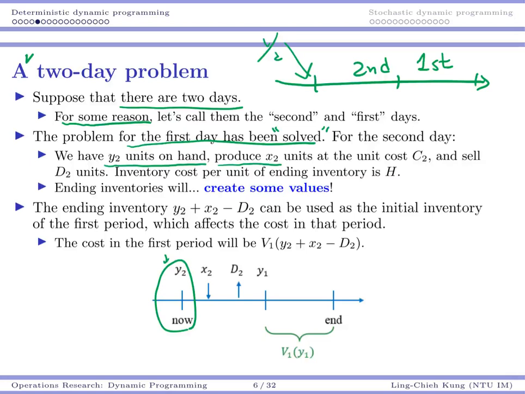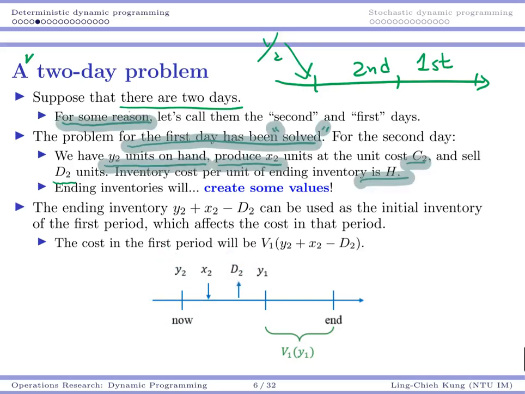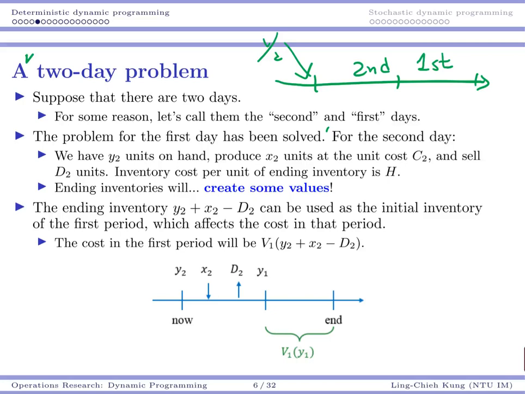Again, we have that production cost and we have our demand D2 to be satisfied, and the inventory cost is again H. The thing is that for period 2, there's one thing that is quite different from period 1: now ending inventory actually creates some value.